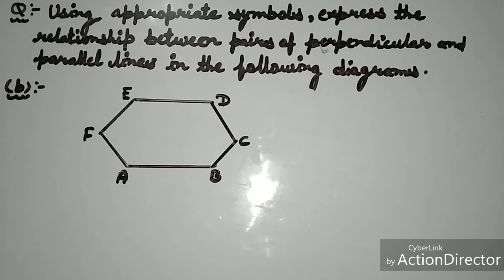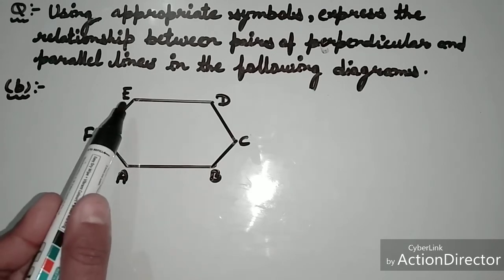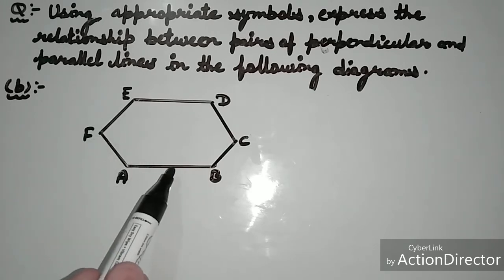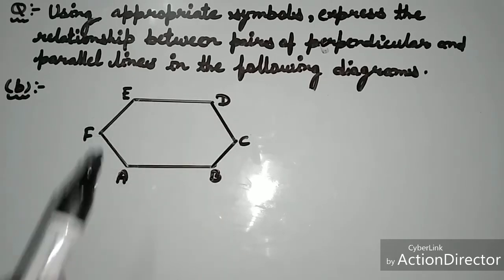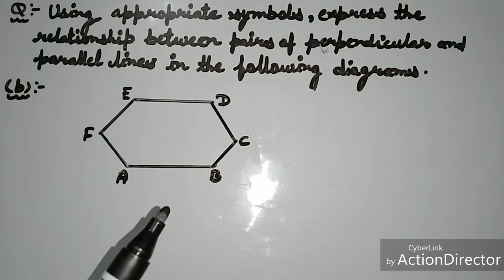Now another figure, number B. Here we have another polygon, and the name of this polygon is hexagon, because this figure has 6 sides: 1, 2, 3, 4, 5 and 6. The name of this hexagon is ABCDEF.